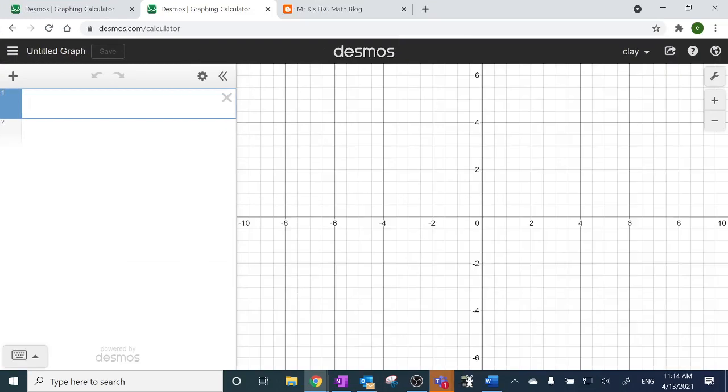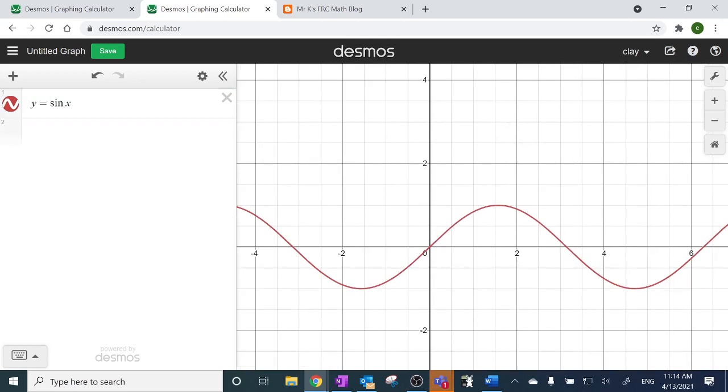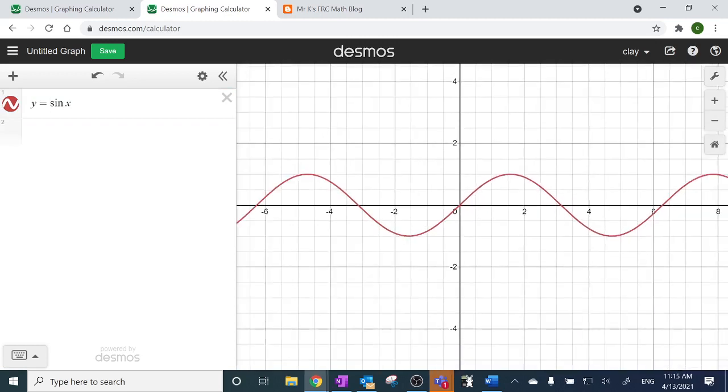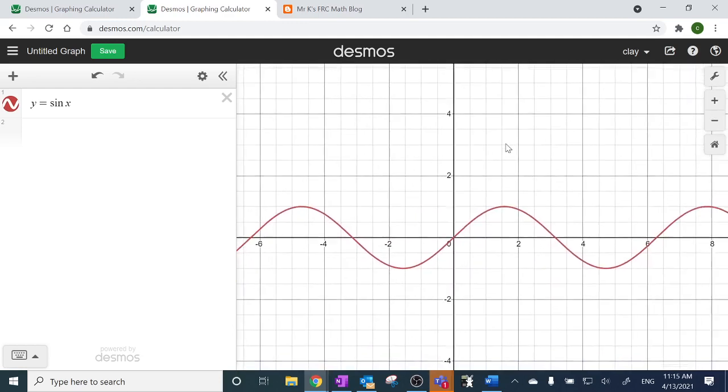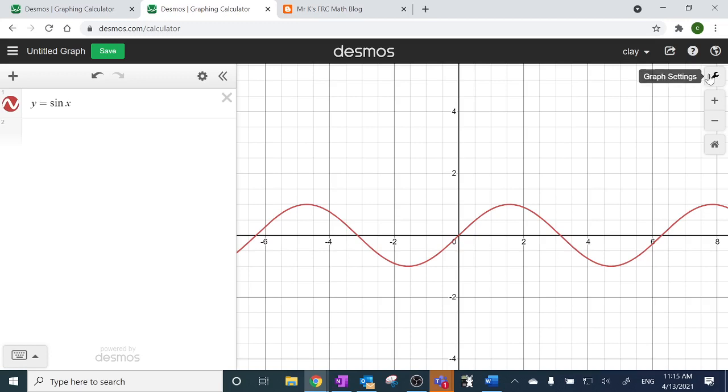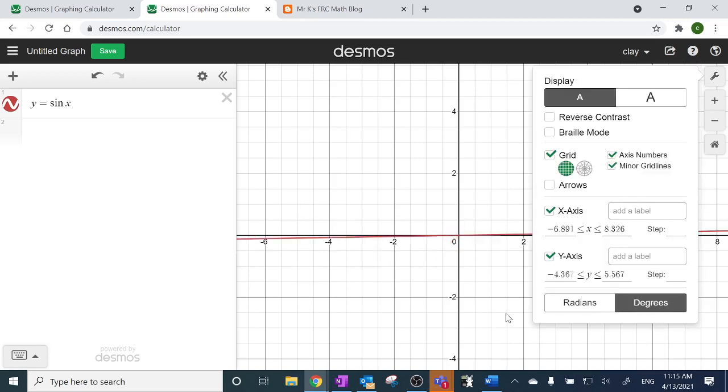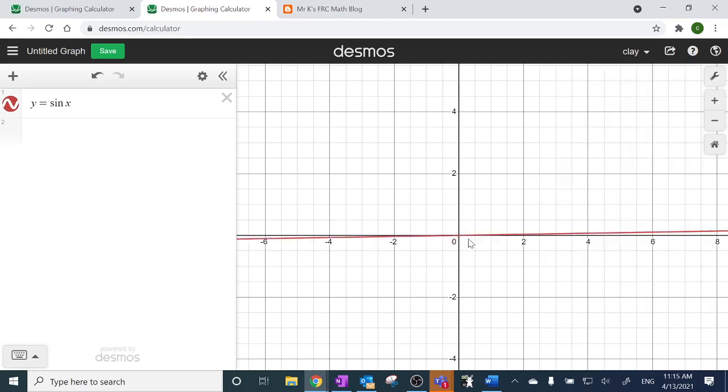So you have y equals sine theta x, and that's your graph. Then you can change its x-axis and its y-axis. Right now, this is clearly in radians, but switch it to degrees. Now you're probably going, hey, where did the graph go? Well, obviously, if that's 1 degree, 2 degrees, you're not going to see much of the graph.